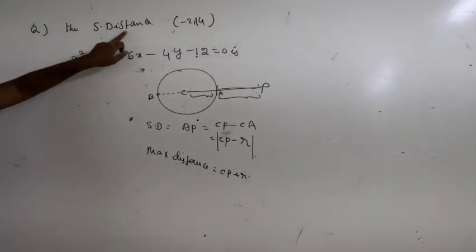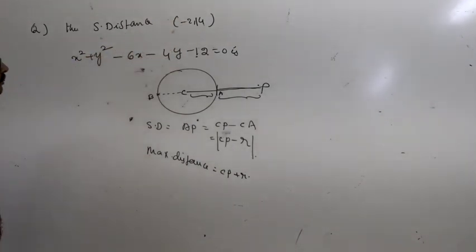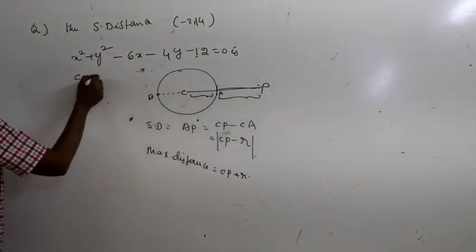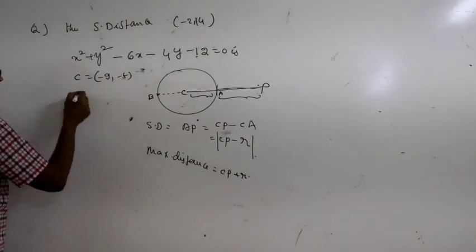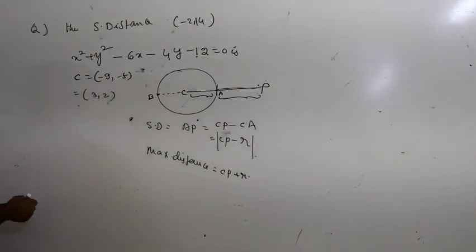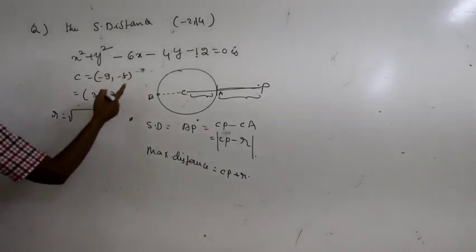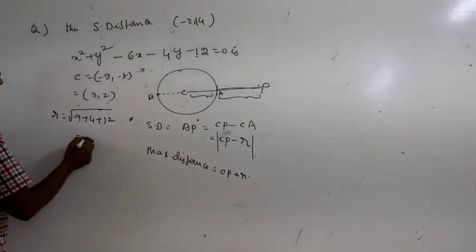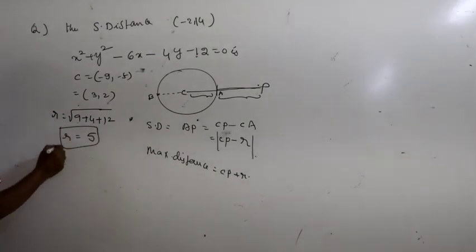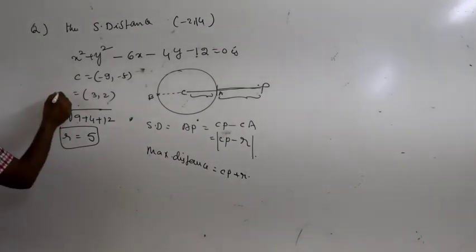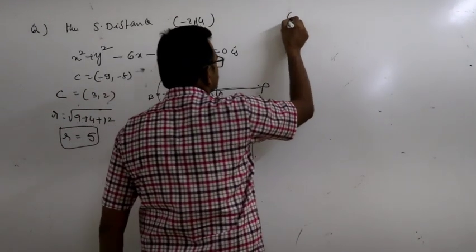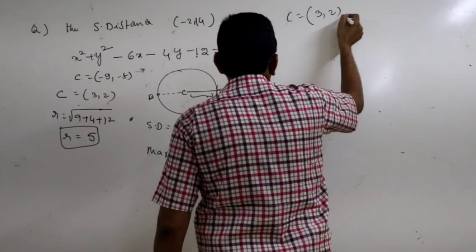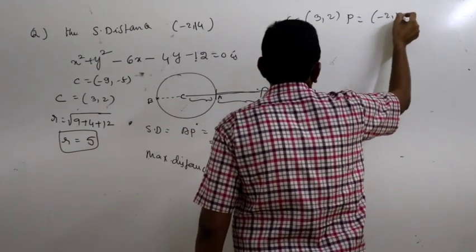In the given question, shortest distance from (minus 2, 14) to the circle. The center of the circle is (minus g, minus f), that is (3, 2). Radius equal to root of g square plus f square minus c, 9 plus 4 plus 12, so this is 5. R is 5. The center is (3, 2), and the point P is (minus 2, 14).